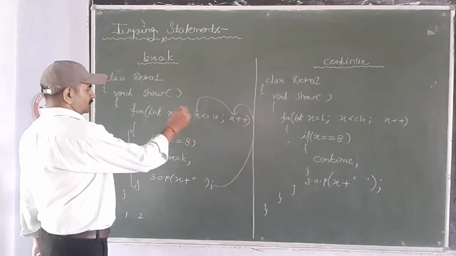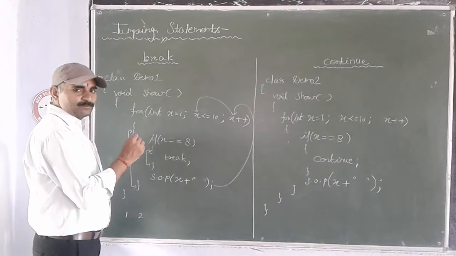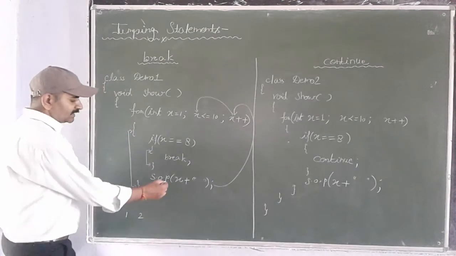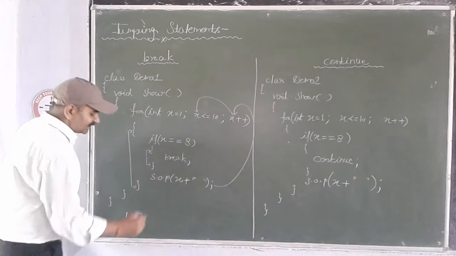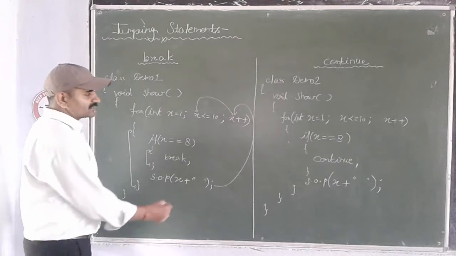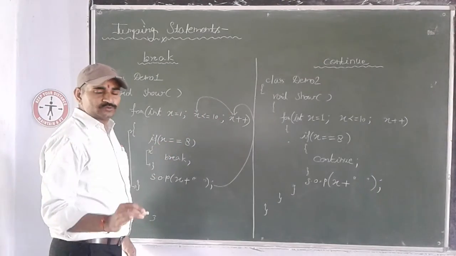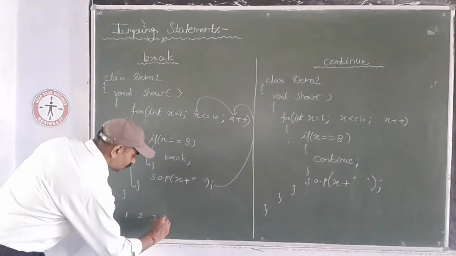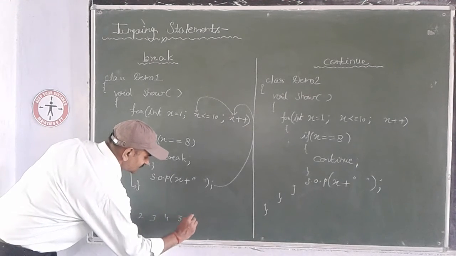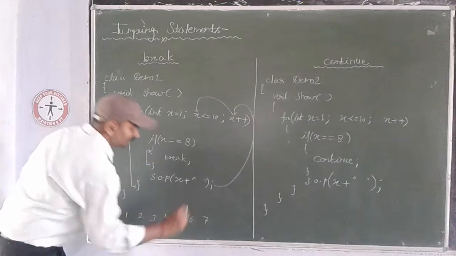Condition is true. Now control will take place in the body of the loop. 3 equal 8, false. Here we print the value of x, which is 3. Now the same process is continuing: 4, 5, 6, 7.